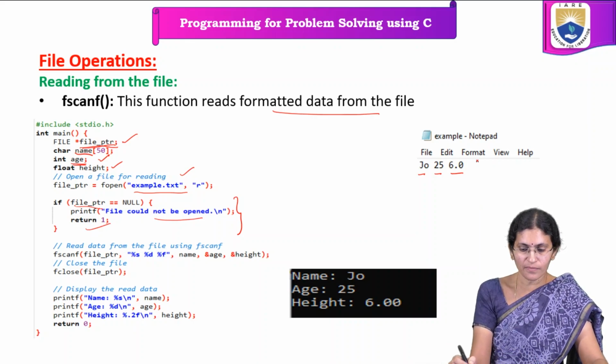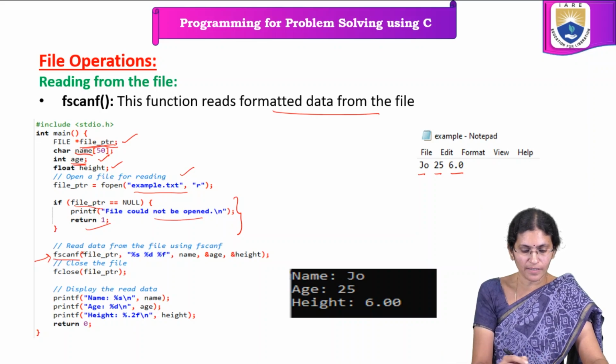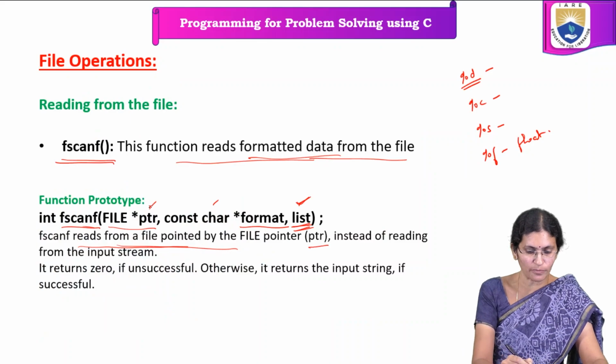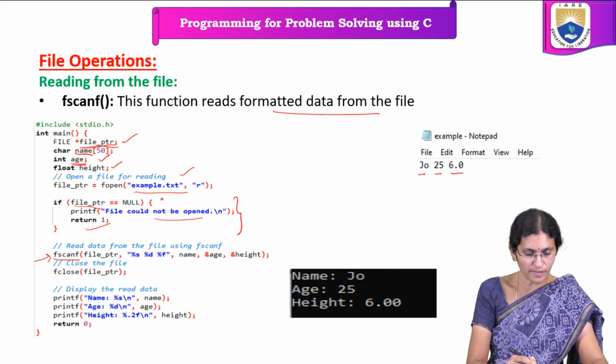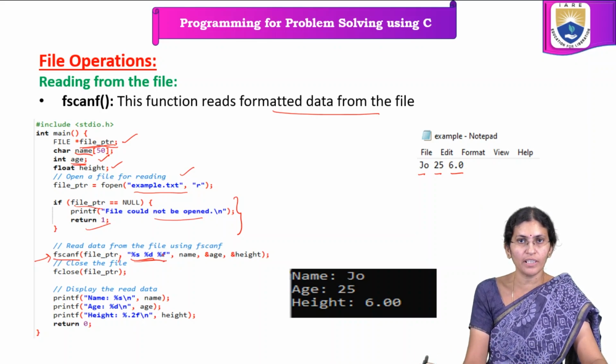Since this file example.txt exists, it will go to this line, and this line will be executed. Here we have used the fscanf function, and these are the different arguments which it takes. The first argument is the file pointer, that is indicated by file ptr. After that, the second arguments are format specifiers, for whatever values you want to read from the file.